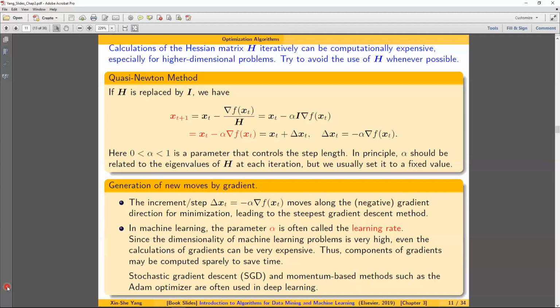For example, stochastic gradient descent and momentum-based methods such as the Adam optimizer are often used in deep learning. Okay, that's just some high-level concepts; we're not there yet. At one point, we're going to discuss how some of these approaches are leveraged in the deep learning context.